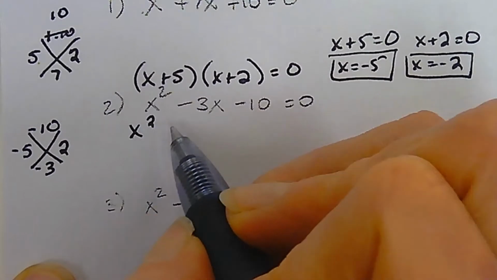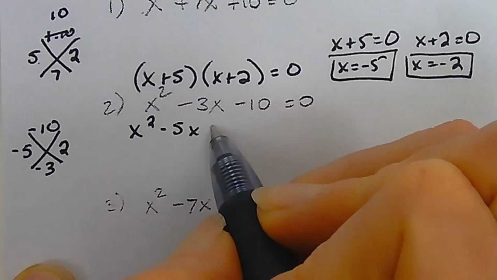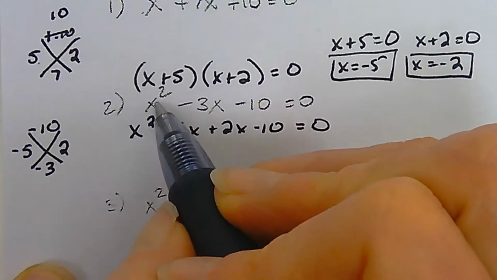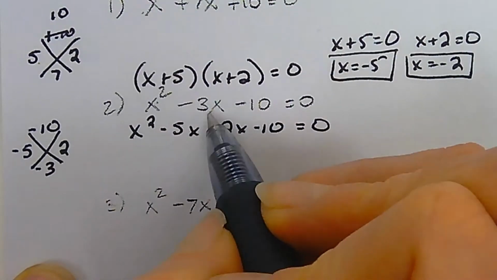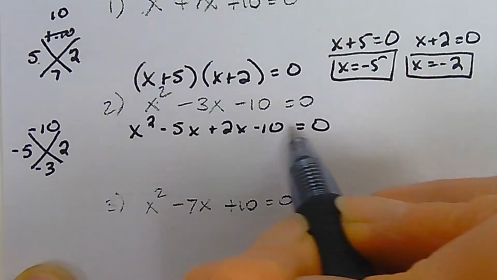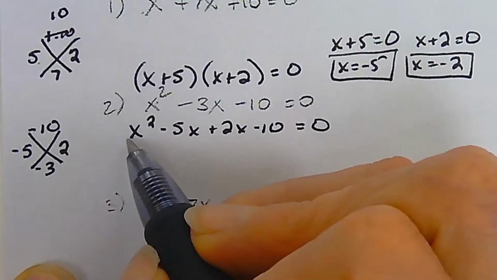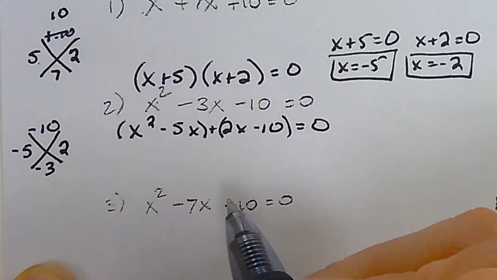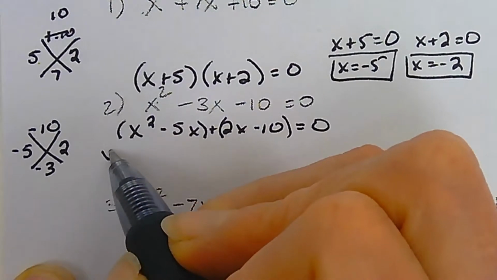X squared minus 5x plus 2x minus 10 equals 0. Copy the first term, split up this middle term with the two new coefficients, and then minus 10 equals 0. I'll factor by grouping. The common factor here is x.